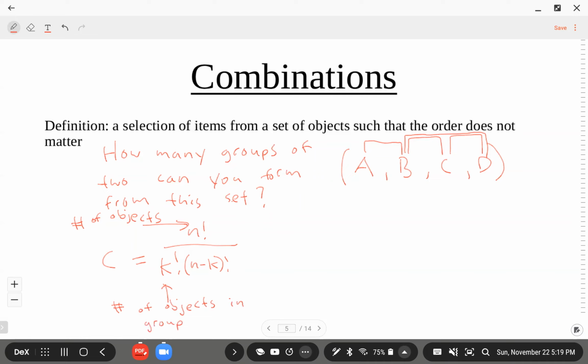Right here you want to form groups of two, so k would be 2, because that's the number of objects in the group you want to select.